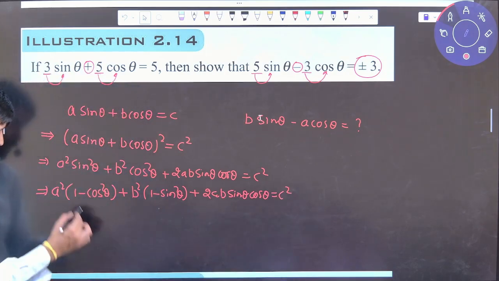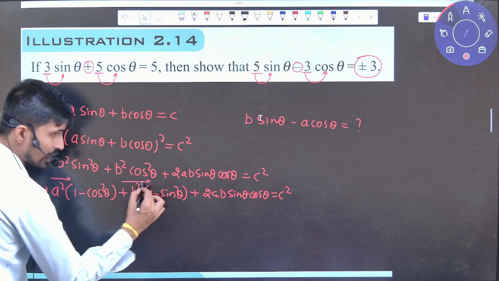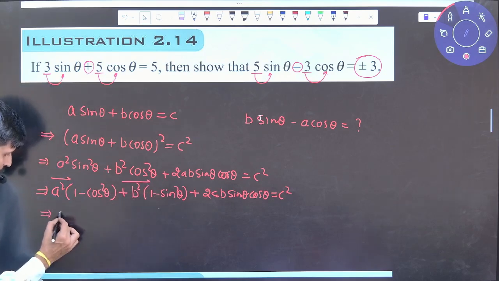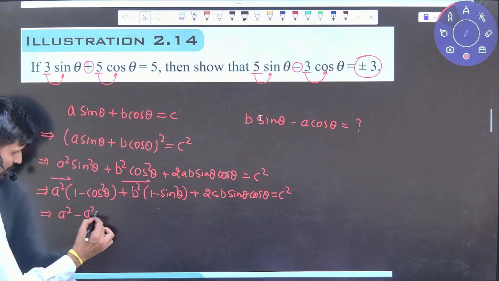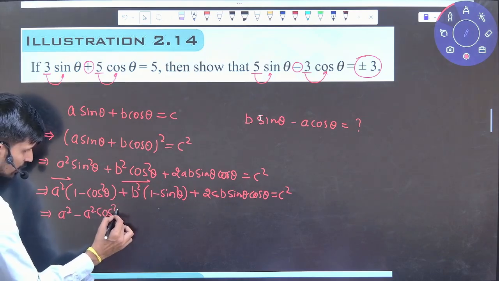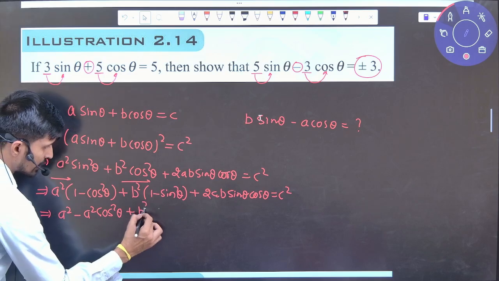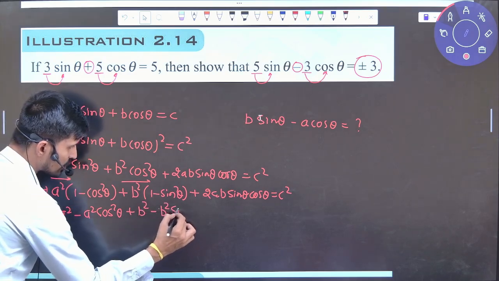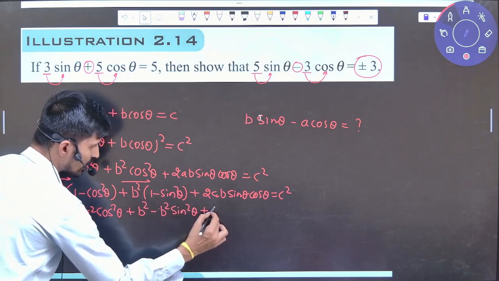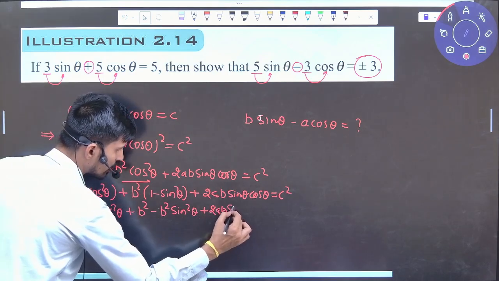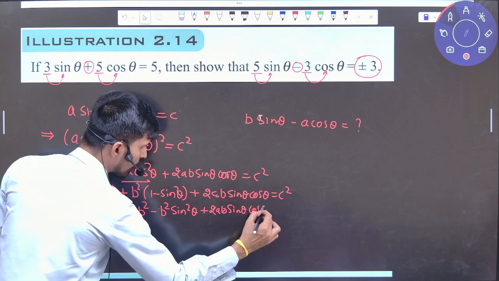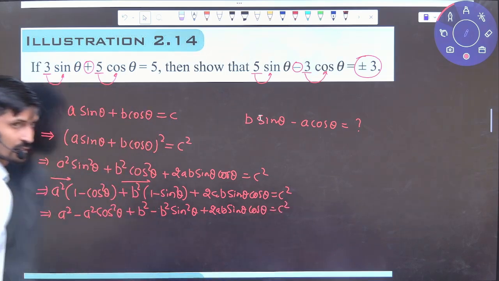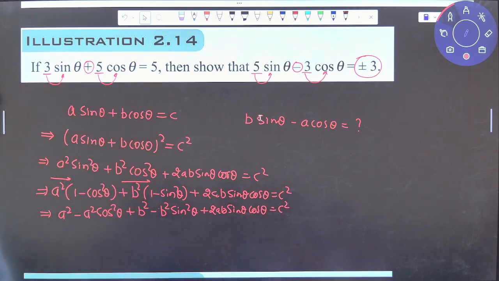Is it clear? Now a square I will multiply inside, b square I will multiply inside. What will it become? a square minus a square cos square theta plus b square minus b square sine square theta plus 2ab sine theta cos theta is equal to c square.